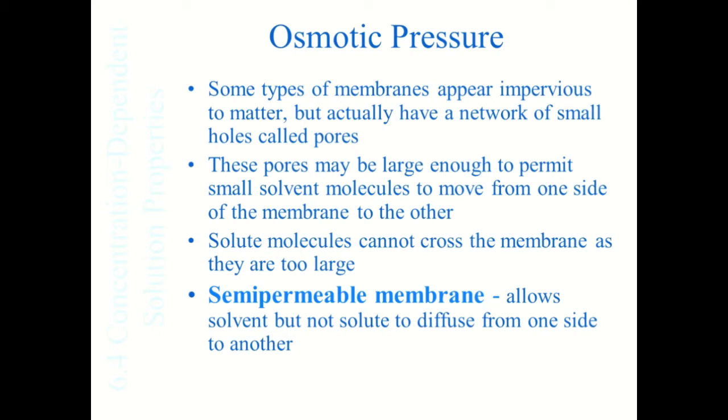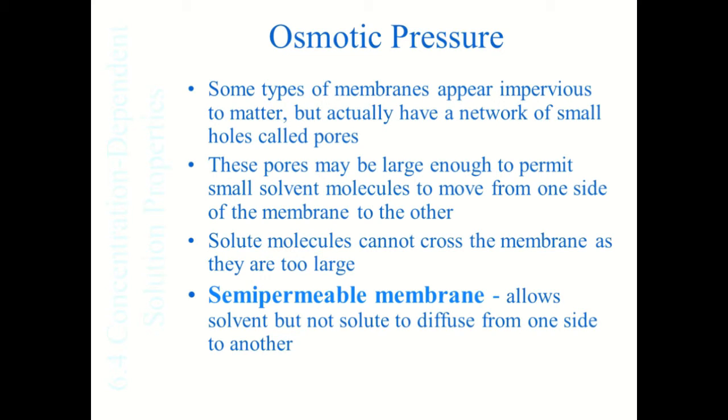Okay, osmotic pressure. What the osmotic pressure is, is the pressure of the water across a membrane. So there are membranes that we call semi-permeable membranes that allow for the passage of one thing but not other things. So in this case, it's the passage of water.